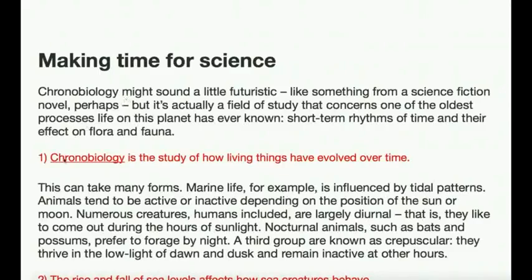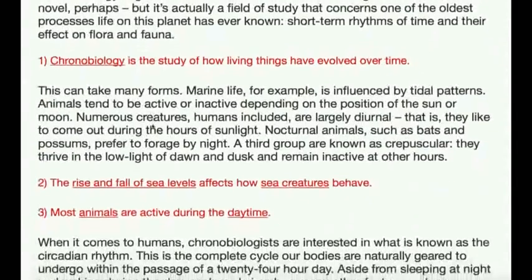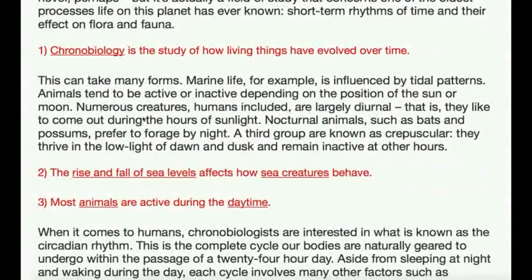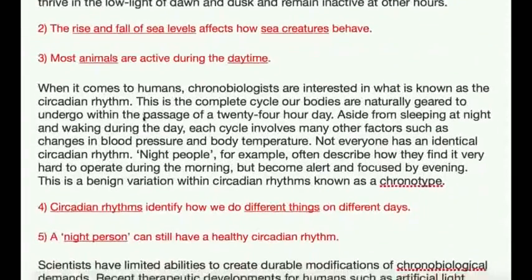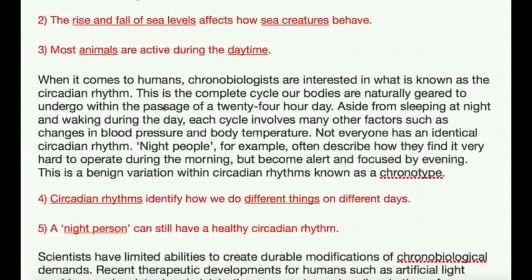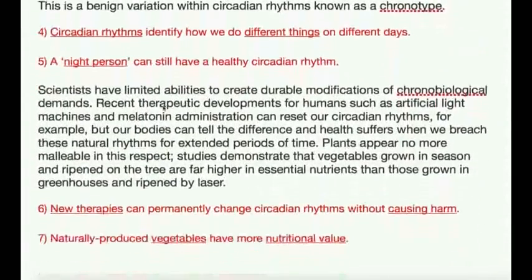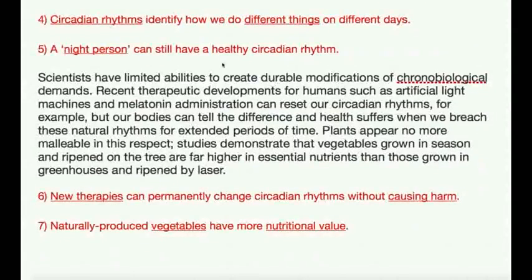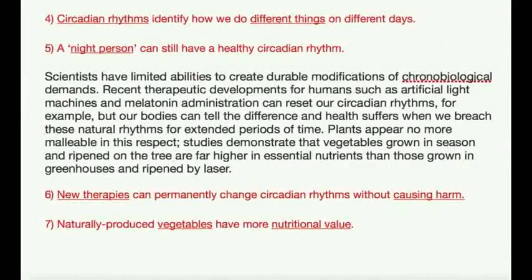So in this case, statement 1 refers to the first body paragraph. Statements 2 and 3 are in the second body paragraph. Statements 4 and 5 are in the third body paragraph. And statements 6 and 7 are in the fourth body paragraph. So what this means is that you can actually ignore the paragraphs after this for the purposes of answering these IELTS reading true, false, not given questions.